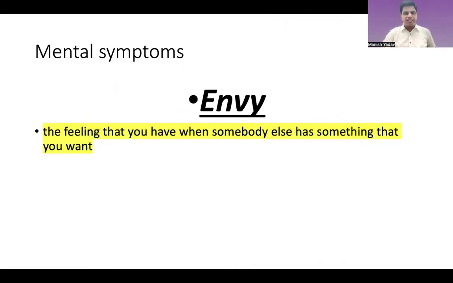The other characteristic quality is envy. Now, what is the meaning of envy? Let's understand this. The meaning of envy is basically the feeling that you have when somebody else has something that you want. Oh, my brother has a nice pen. Oh, he has a good bag. Oh, he gets more love. He gets more care. The feeling of envy starts developing in the children.